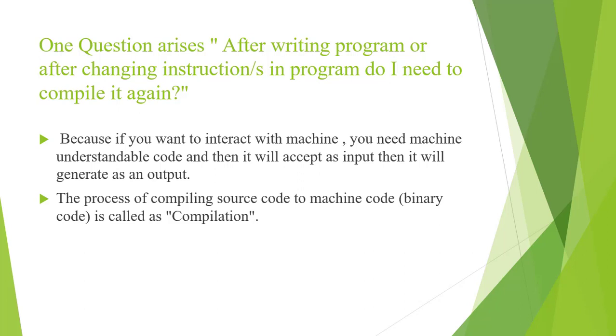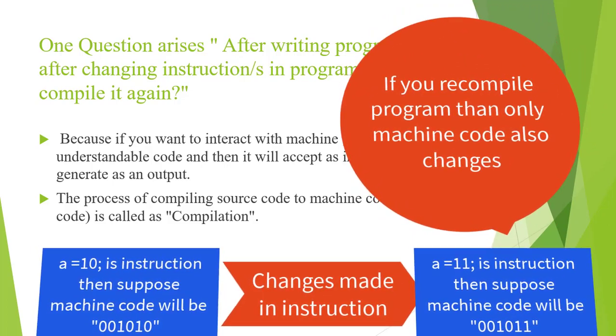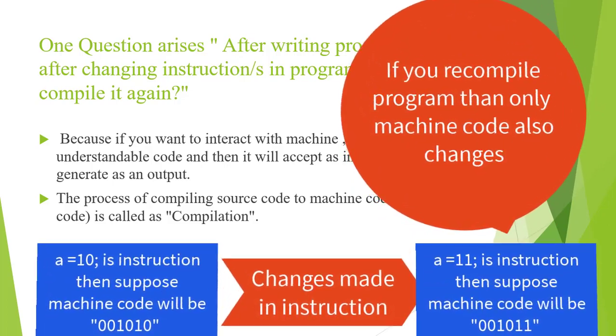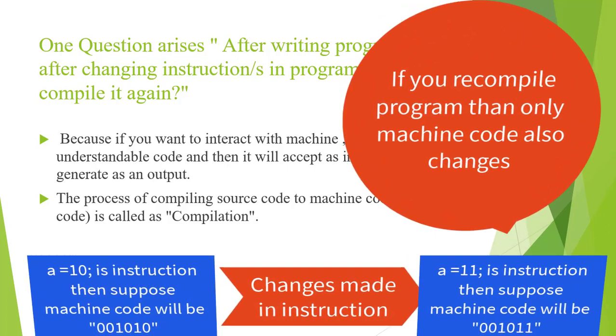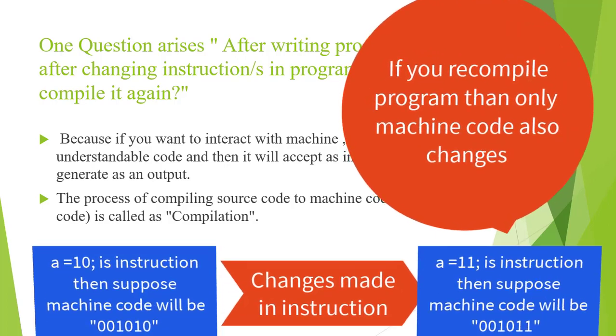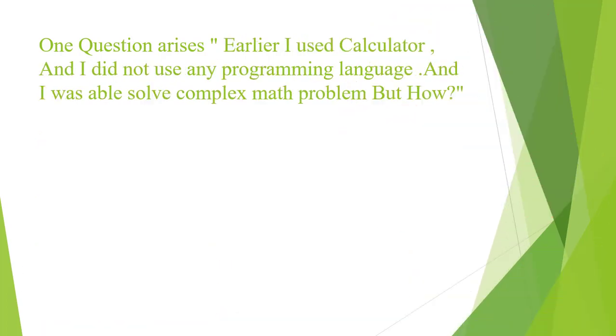So after changing an instruction, you should recompile it, because you should provide the machine code equivalent to the source code after the changes. Recompiling will generate the equivalent code.